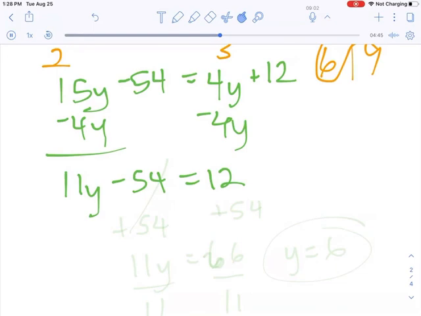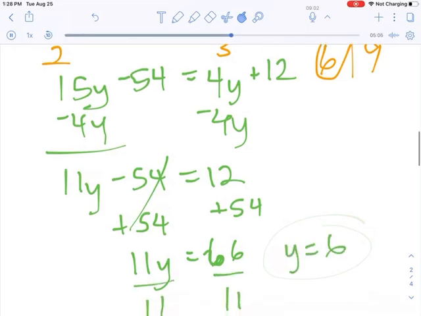And I'm going to add 54 to both sides. Plus 54 plus 54 cancels over here. I get 11y equals 66. Ooh, weird 6. And now I'm going to divide by 11. And I get y equals 6.